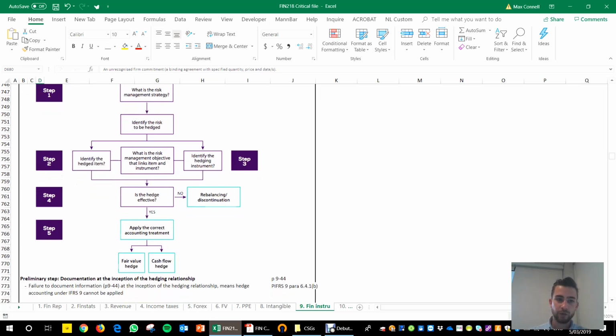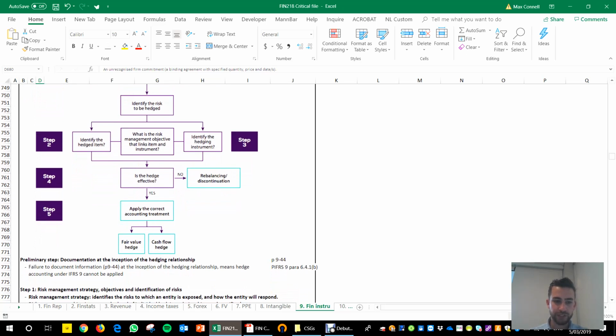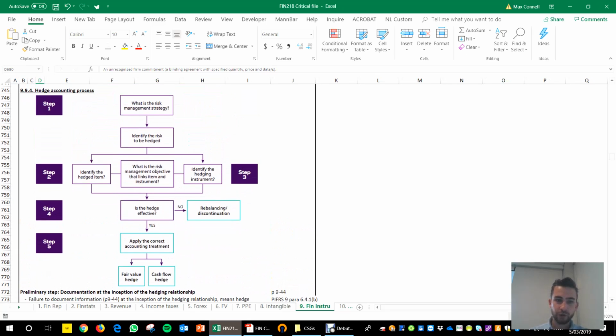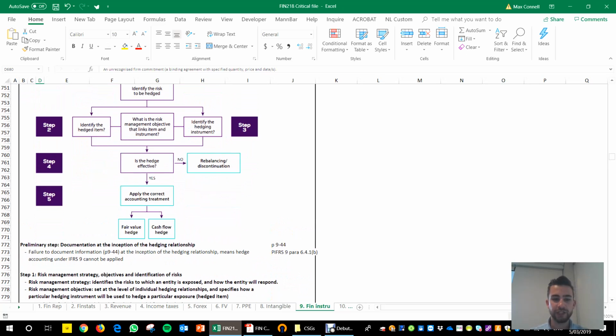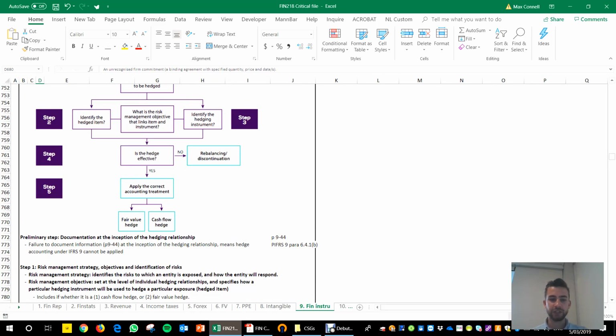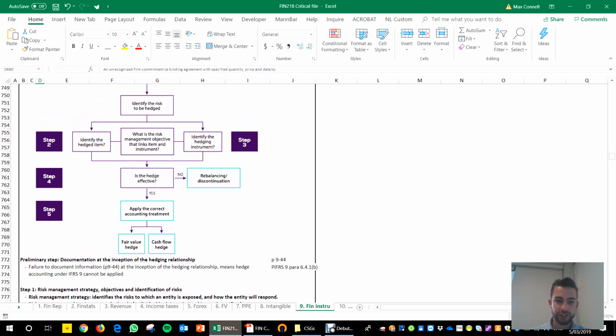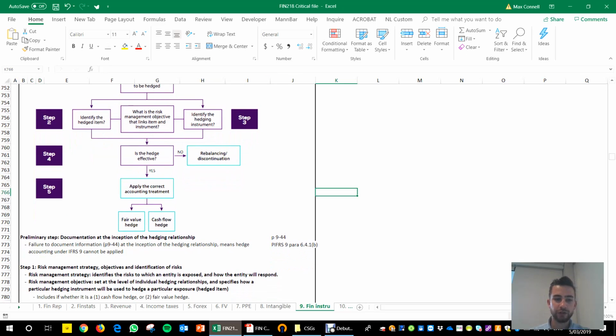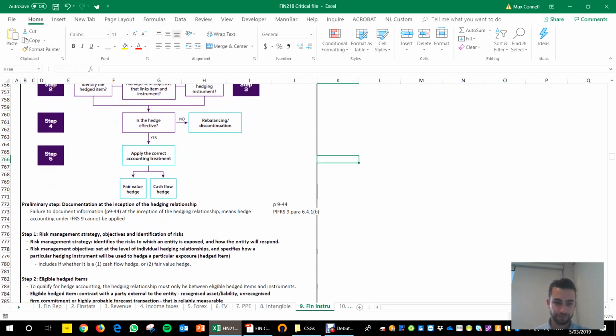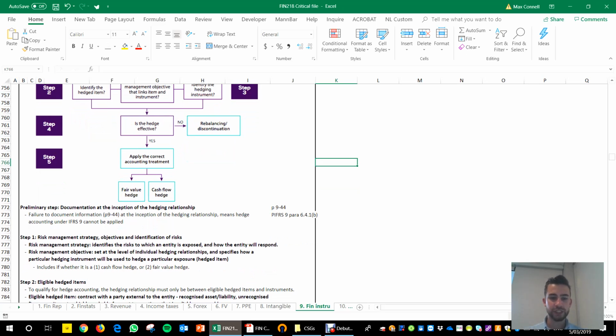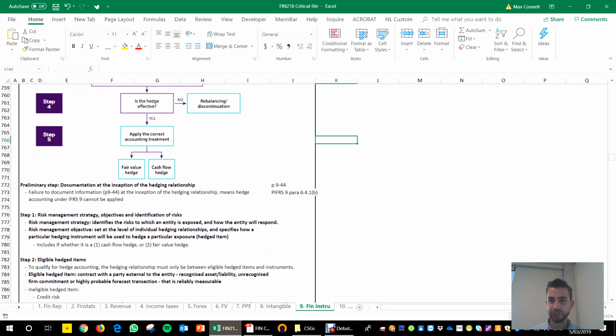So the hedge accounting process. So first of all, documentation at the inception of the hedging relationship. And this leads into the point one, which is about risk management strategy. So if you cannot document the hedging relationship, you cannot apply the standard. And part of that documentation is about risk management. It's about identifying the risks, the strategy of what you're hedging, and the objectives of what you're hedging.